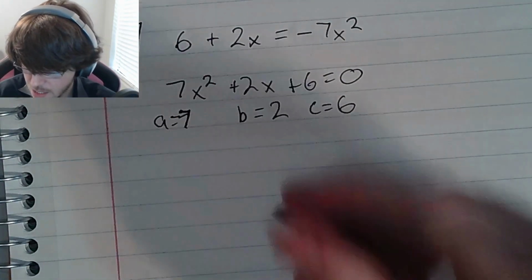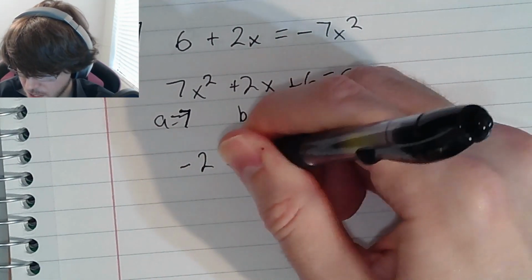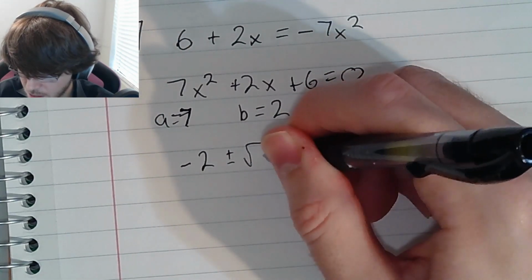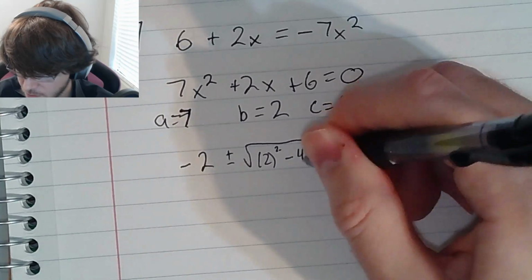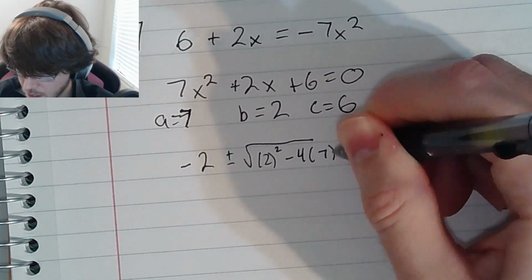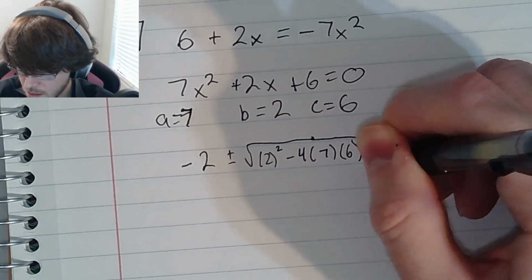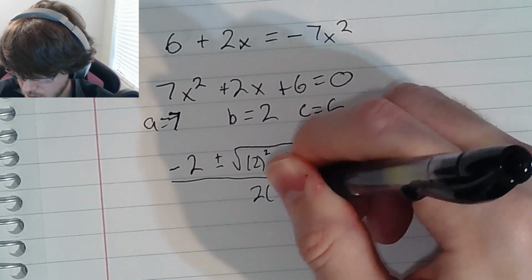All right. So we have negative b plus or minus the square root of b squared minus 4ac, all divided by 2a.